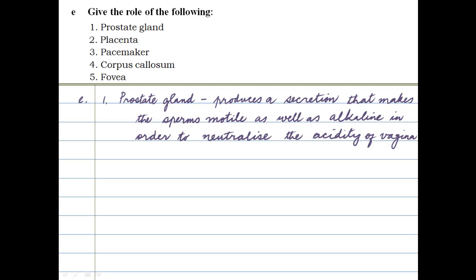Now you got to remember that there are 3 of these glands, and you should clearly remember what each one's function is and don't mix them up. Let's take the next one. You've got the placenta. Let's just highlight these. Now the placenta has several functions. You can put down any one of them.